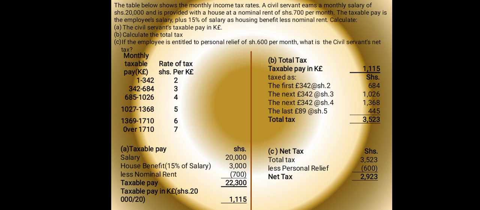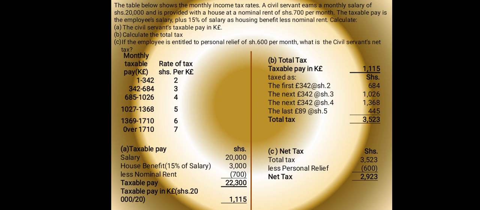Add house benefits, that's 15% of salary, 3,000, and then subtract nominal rent from it. So we have the taxable pay as 22,300. Converted into Kenyan pounds by dividing by 20 shillings, we have 1,115 Kenyan pounds.